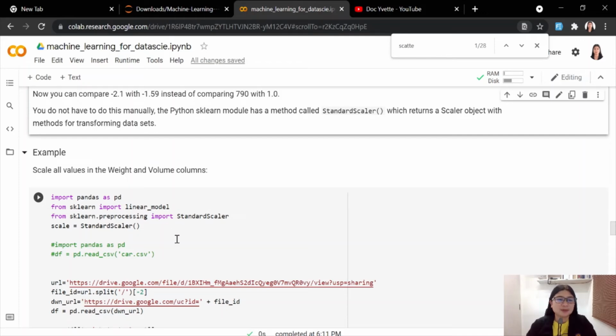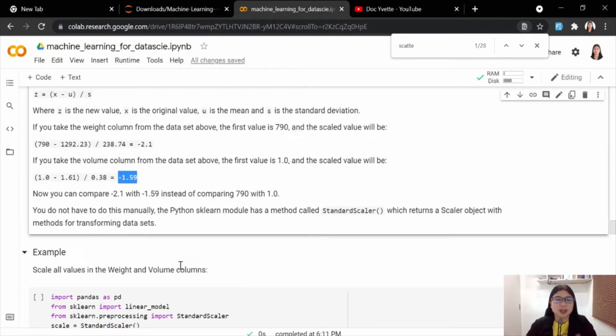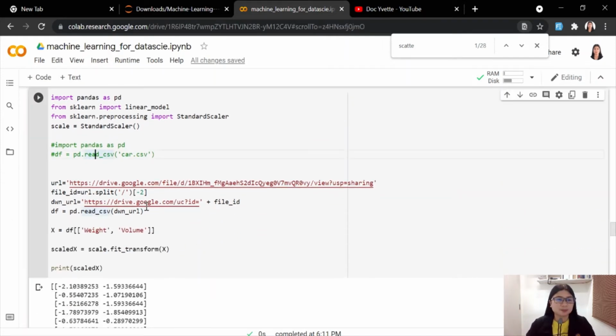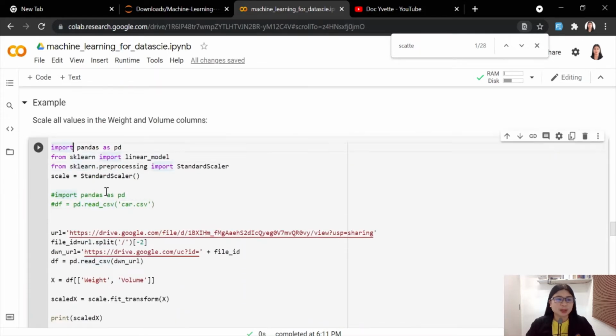And you do not have to do this manually. With Python, we have a scikit-learn module that has a method called StandardScaler, which returns a scaler object with a method for transforming datasets. So, scale all values in the weight and volume columns. For example, we just have to import pandas, and from scikit-learn the linear model. We import the StandardScaler, and scale is equal to StandardScaler. This is basically the syntax, so you have to remember this one.